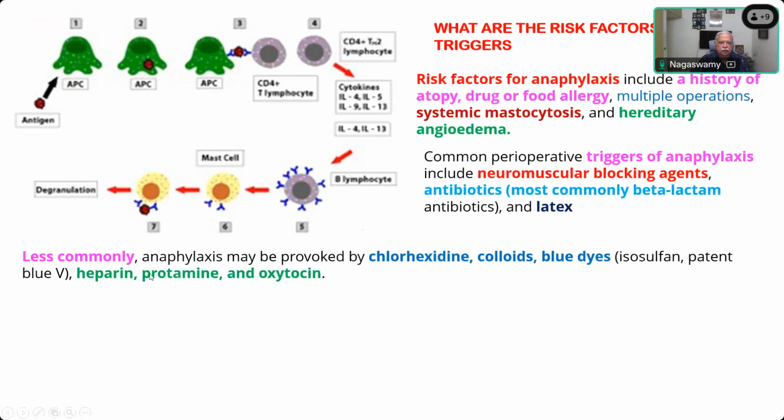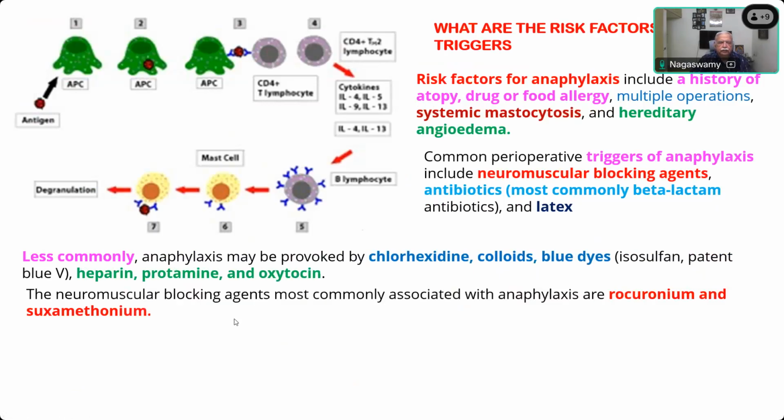Less commonly chlorhexidine, even the cleaning agent that we use, the colloids or blue dyes, and heparin, protamine, and oxytocin. These are also drugs which are notorious for producing anaphylaxis other than the anesthetic agents. And neuromuscular blocking agents, rocuronium and suxamethonium.